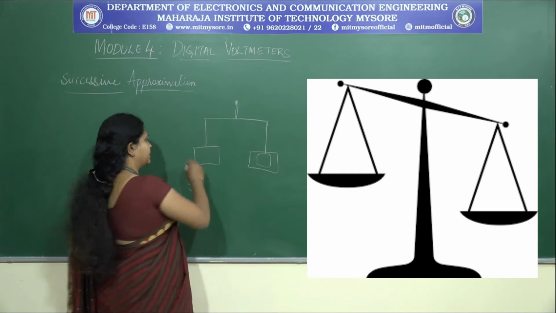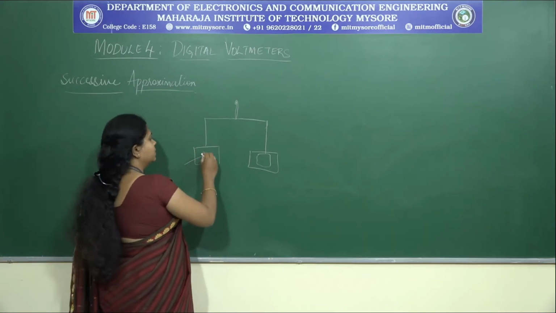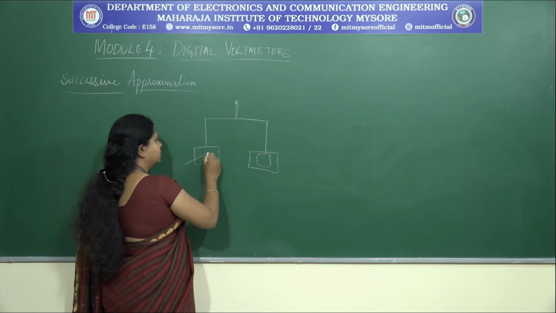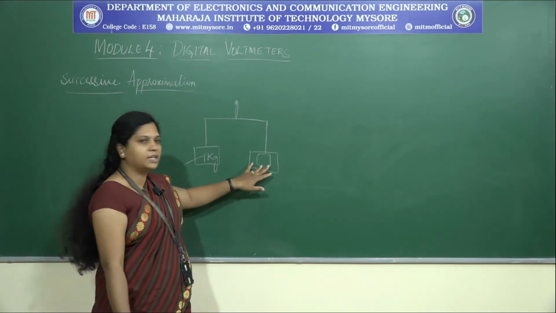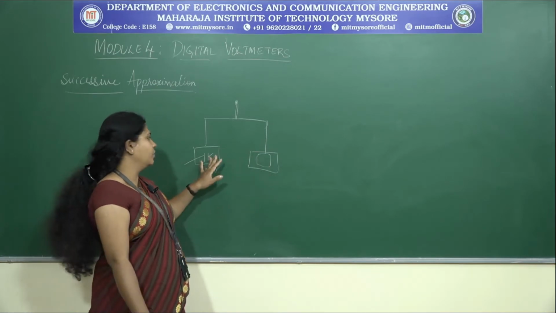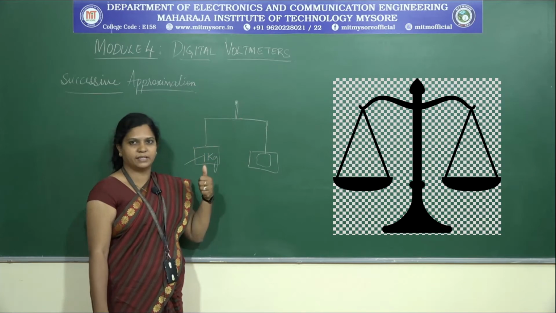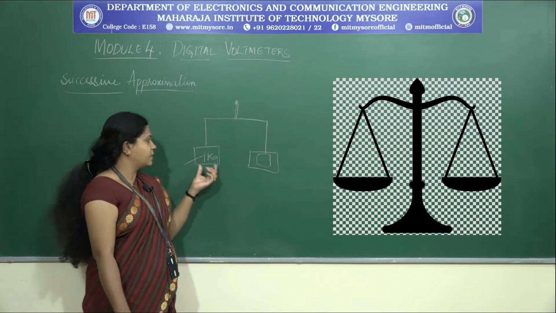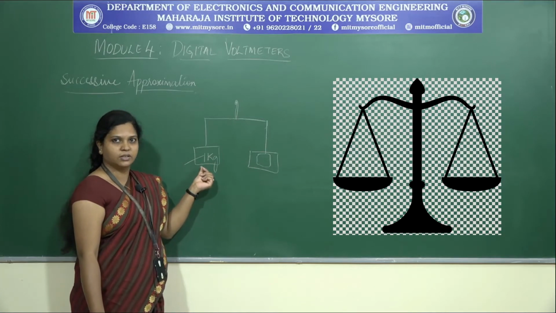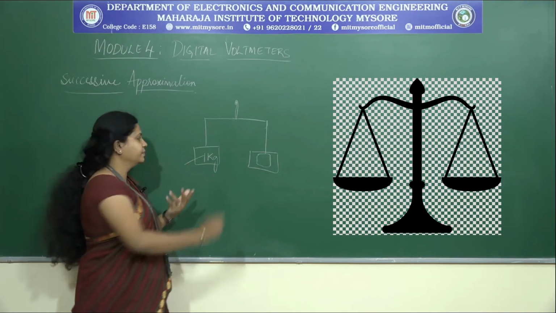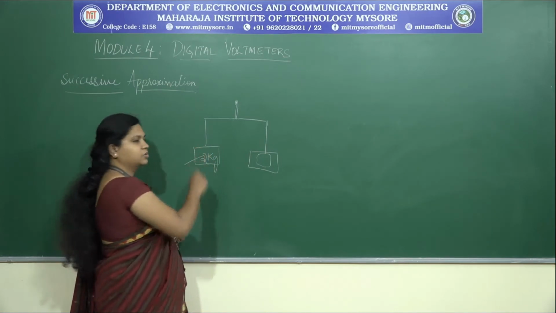Let us say, for example, we place a weight of 1 kg. If the object placed is equal to 1 kg, this point will be stabilized, right? If the weight is more than this 1 kg, then what will the vendor do? He will remove the 1 kg weight and add the next one, that is a 2 kg weight.